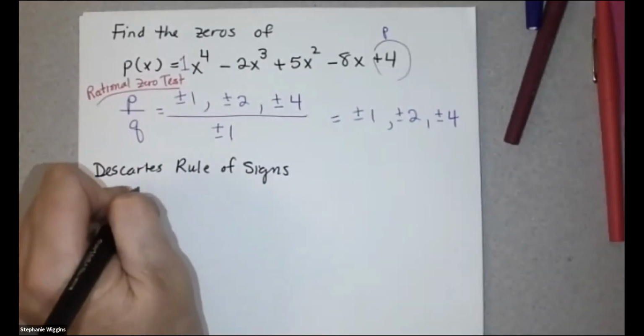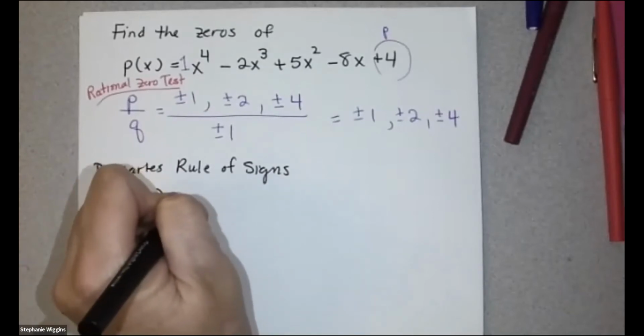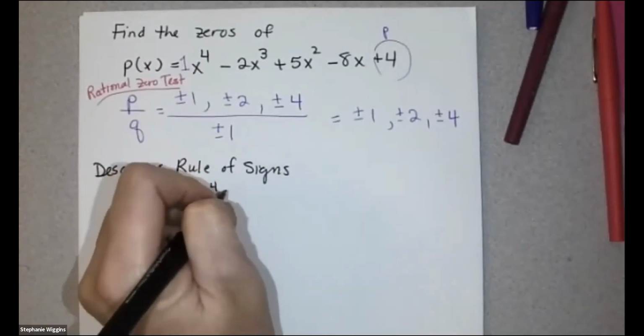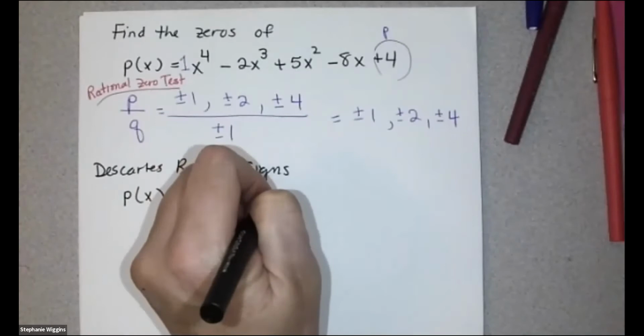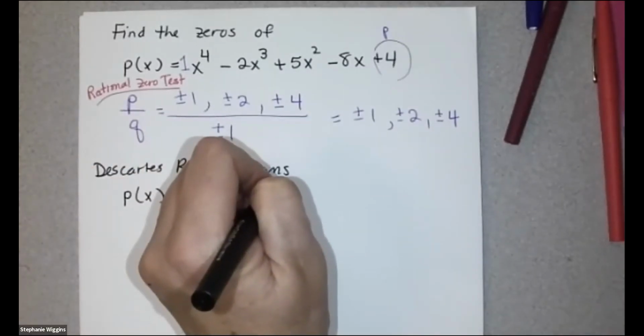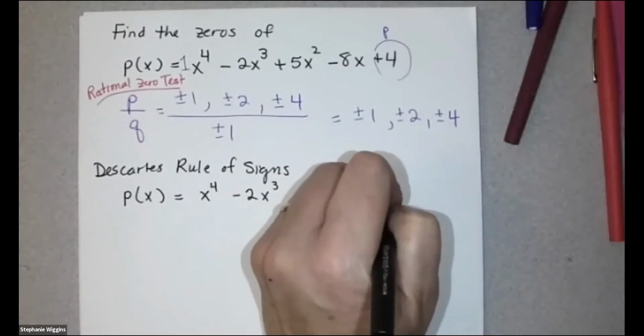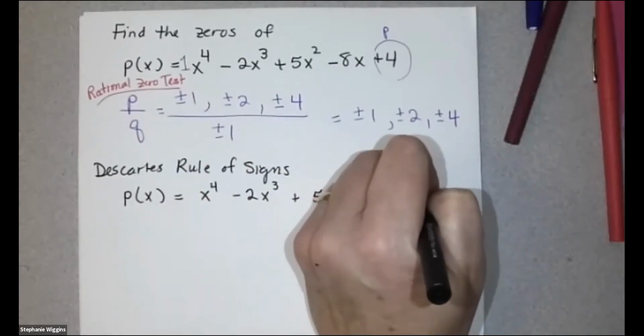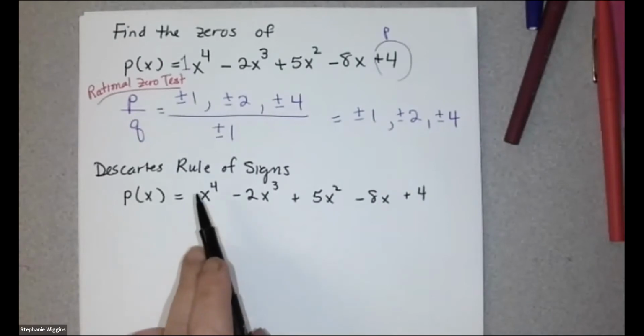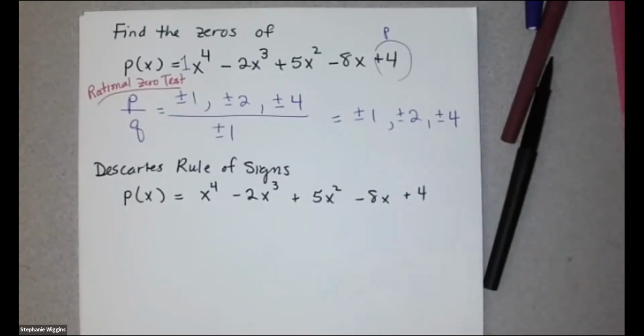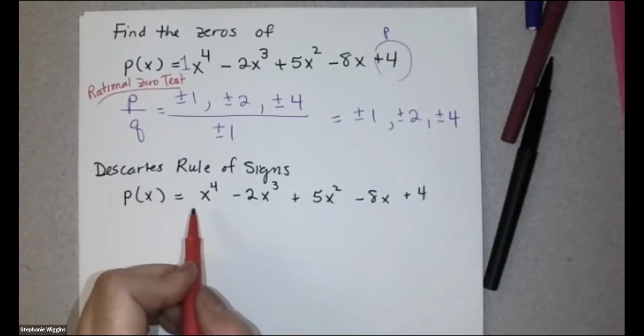So we're going to go P of x equals x to the 4th minus 2x cubed plus 5x squared minus 8x plus 4. So if we look, we're looking for sign changes now.